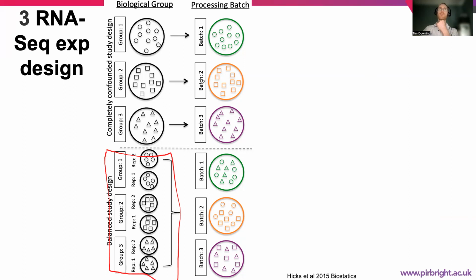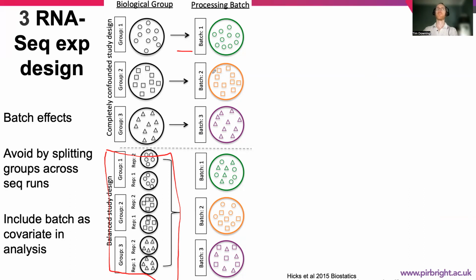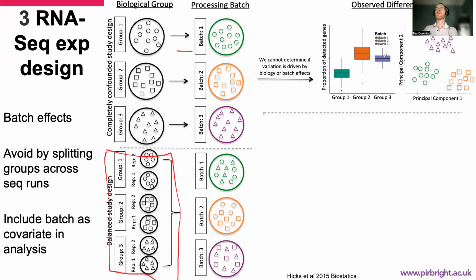If we link the different groups to different sequencing approaches and runs, they'll be confounded. So for the above one, we might have differences between the different groups, but they are correlated with the different batches. So we can't discriminate between batch effects versus true group effects. They're conflated with each other.